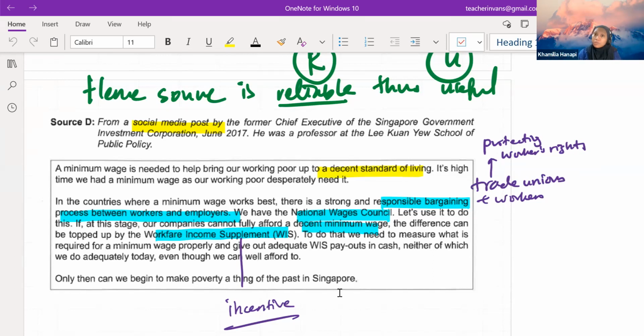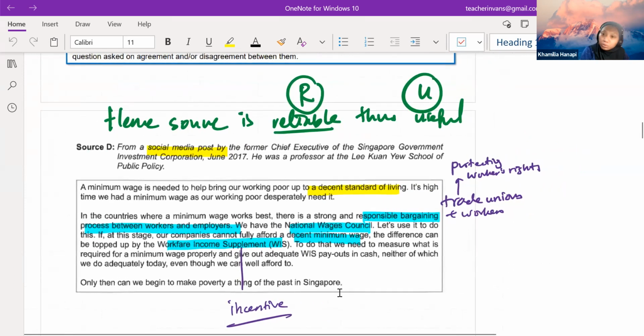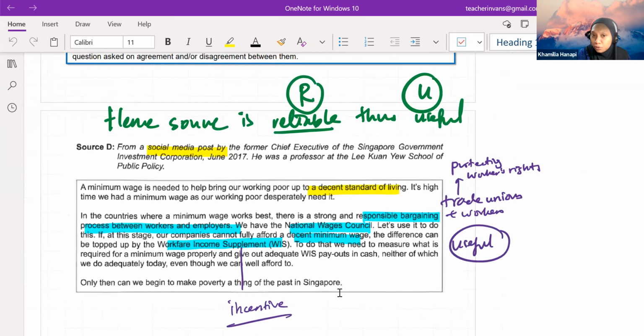So his argument is extremely useful because why? You need basic what? So if it is useful, a minimum wage law means the government needs to have this law that will enforce and get companies to pay a minimum amount of wage for everyone, a decent amount of pay.